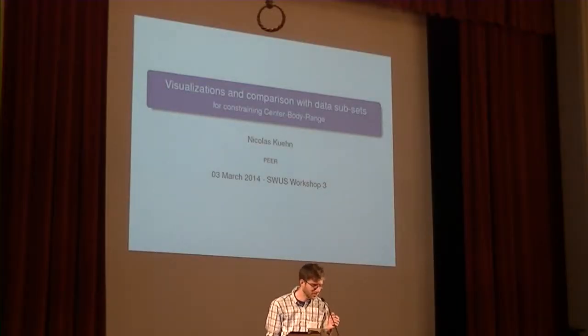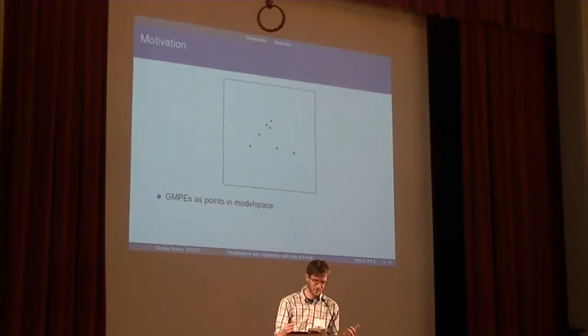All right, so this will be the same talk I gave on Monday because I was asked this morning to give it again. I go through it very quickly, so we're not going to spend a lot of time on the details, just the general approach. The motivation for the approach is this. Think of this square as the model space of GMPEs.